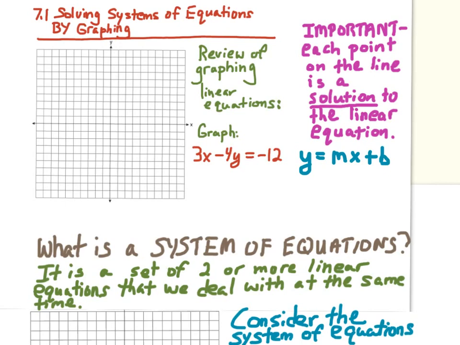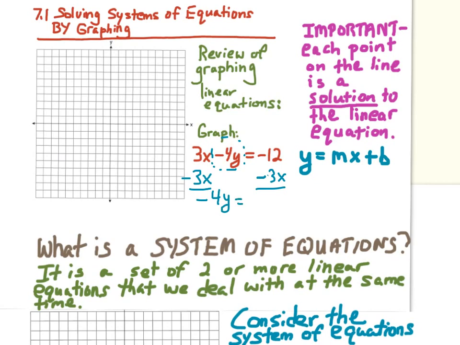I know it's been a while since we've done this. So I'm going to start by getting the negative 4y by itself. I'm going to subtract 3x from both sides, and that will get me the negative 4y.